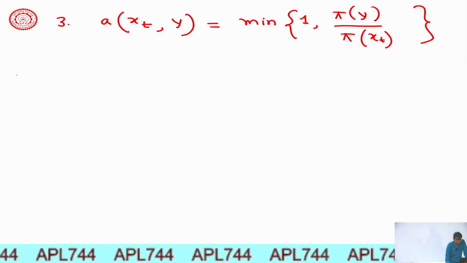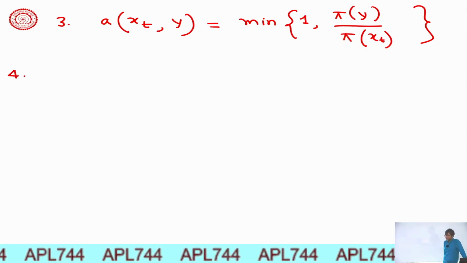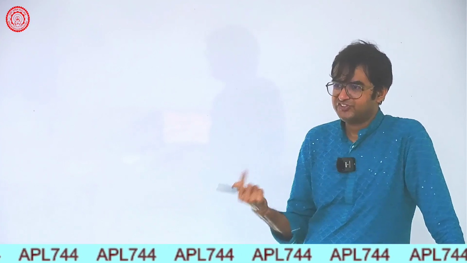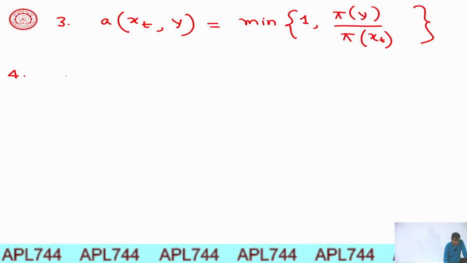Step 4, what was it? The if condition comes into the picture, and you are going to check whether the acceptance ratio is less than or greater than the uniform sample you have drawn, following the rejection sampling logic.